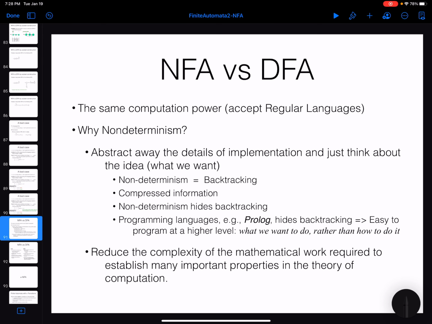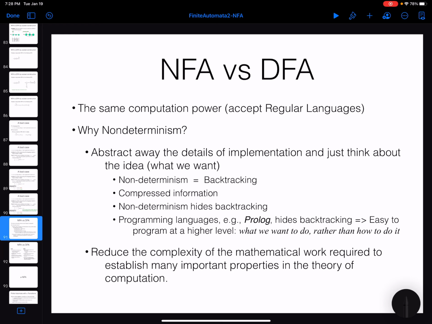So NFAs are going to help us do a lot of mathematical proofs much more easily over the regular languages, and when we are talking about the properties of regular languages. This is a topic that we cover in 2 weeks.